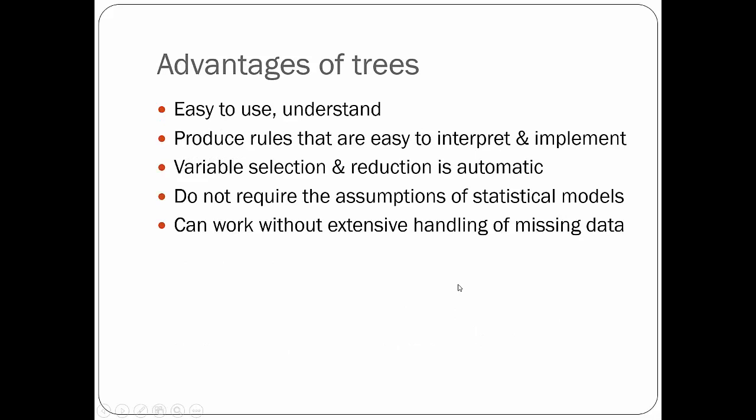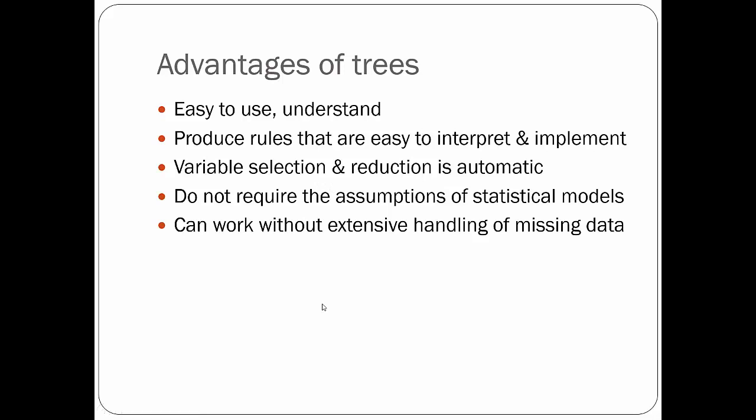Now, to summarize, advantages of decision trees: it's easy to use. The classification method is given to you as an understandable rule, so anybody can look at the rule and understand what it means, and you can apply it. It's easy to interpret and easy to implement, and you can use this methodology for variable selection and variable reduction, which is automatic in the methodology itself.